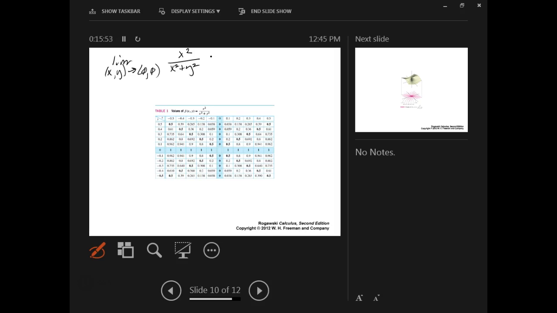And you can do some others if you wanted to. If you'll notice, approaching 0 from this line here, y is equal to 2x, then your limit is 0.4. This way is 0.4, this way, this way, and this way. That's not any of the previous ones.